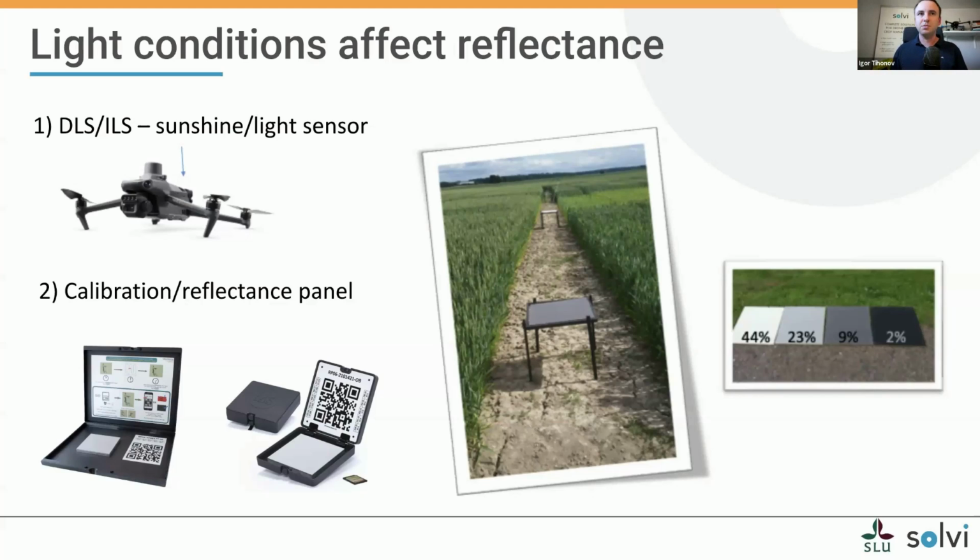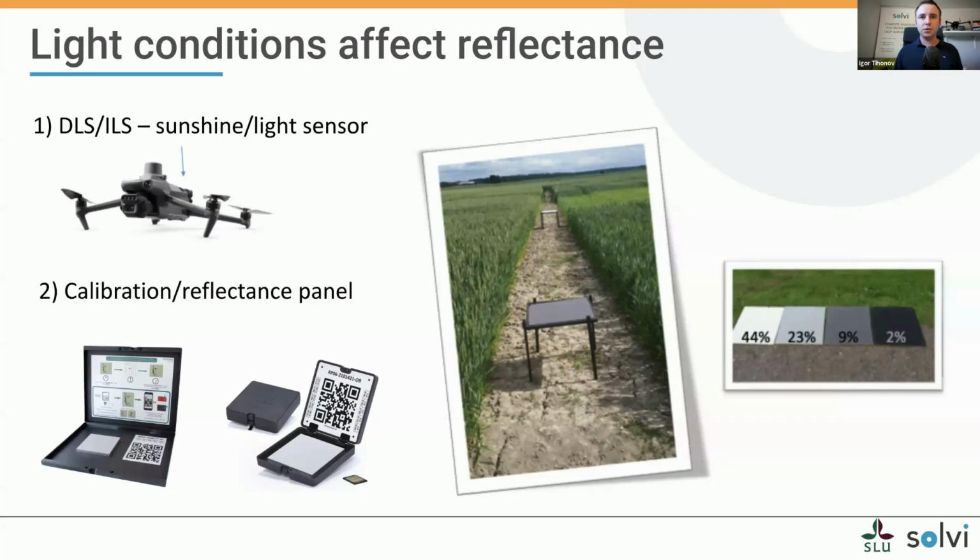That's why it's important to consider that light conditions can be different, and it affects the reflectance. To correct for that, so that you can actually compare the data no matter when you collected it and which sensor you used, you need to do calibration.